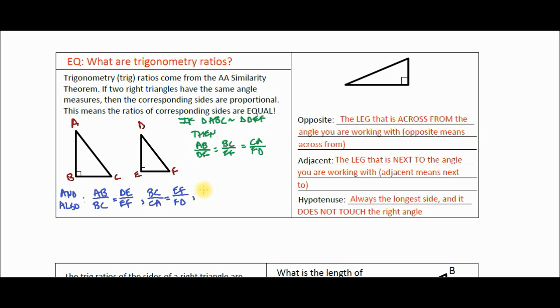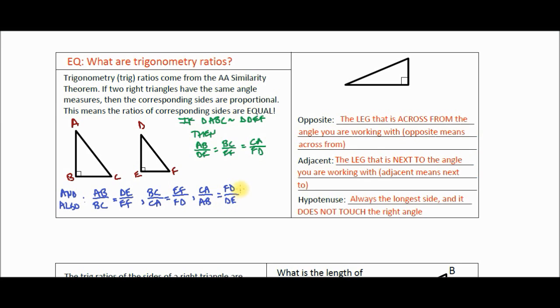Also, we can say another one. Let's start with CA over AB. We took the hypotenuse and then the vertical leg, and that's equal to the hypotenuse of the other similar triangle, FD over DE.